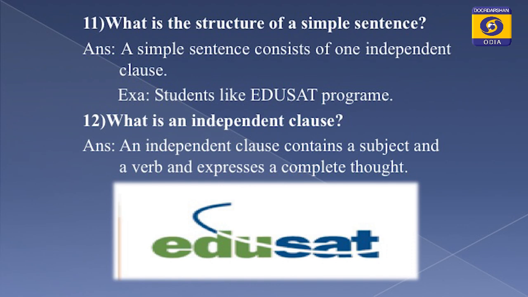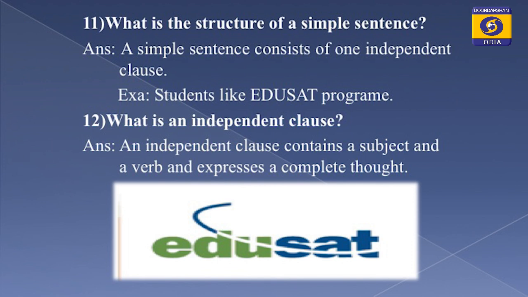When there is only one finite verb in the sentence, we can say there is only one clause, and this clause is also independent. What do you mean by independent? If somebody says students like EDUSAT program, the meaning gives us a complete sense. Since we get a complete sense from the sentence, this is a simple sentence.